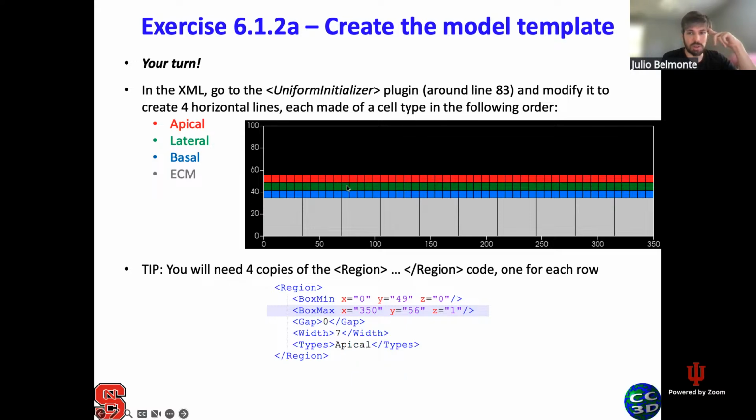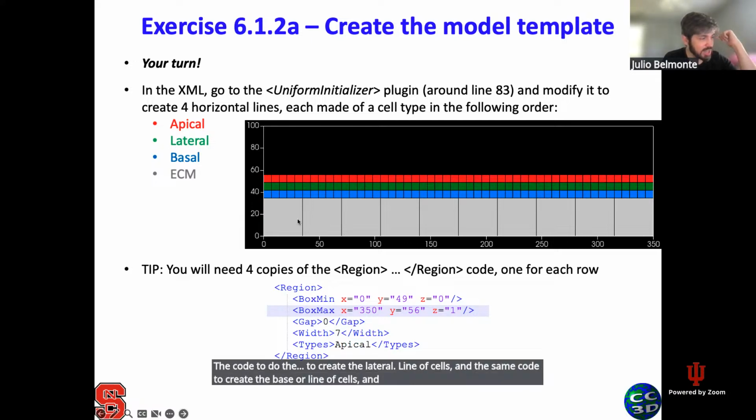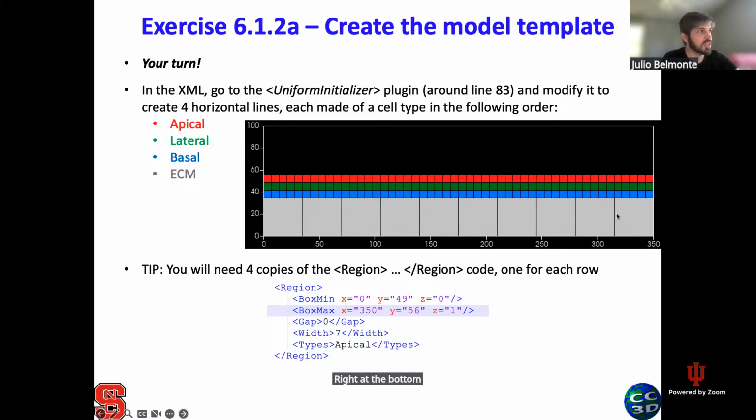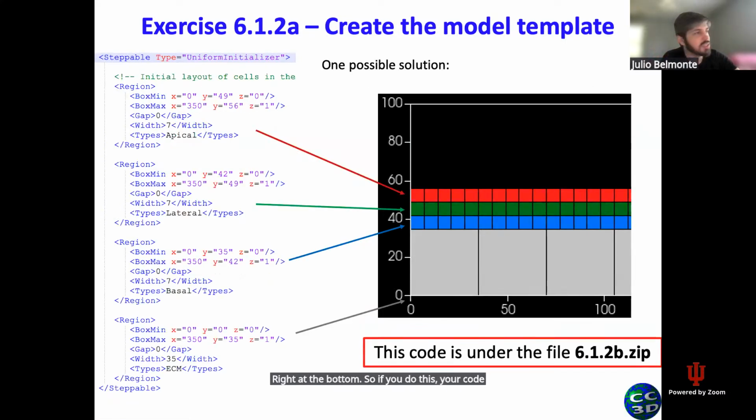And then you can use the same trick, the code to create the lateral line of cells, and the same code to create the basal line of cells, and the same code to create the ECM line of cells right at the bottom. So if you do this, your code is going to look like this, okay?